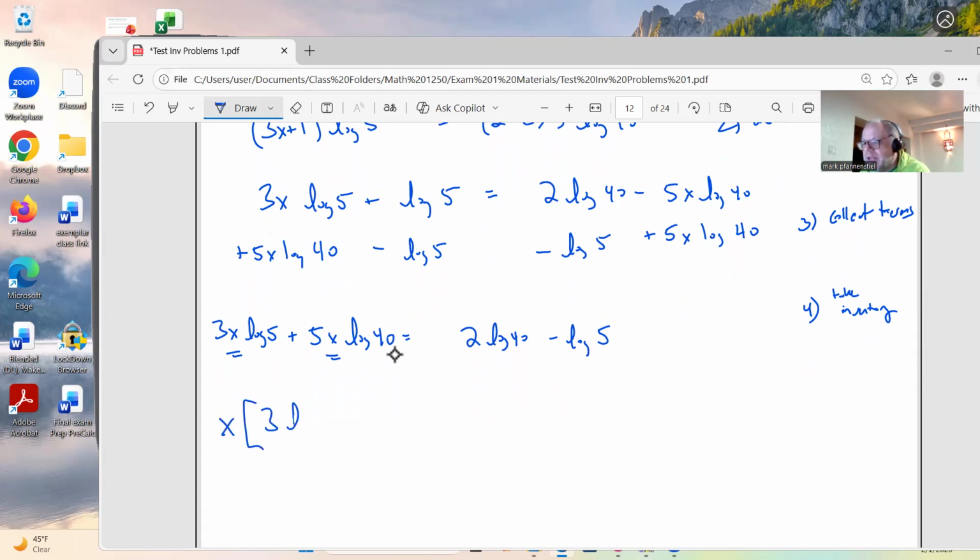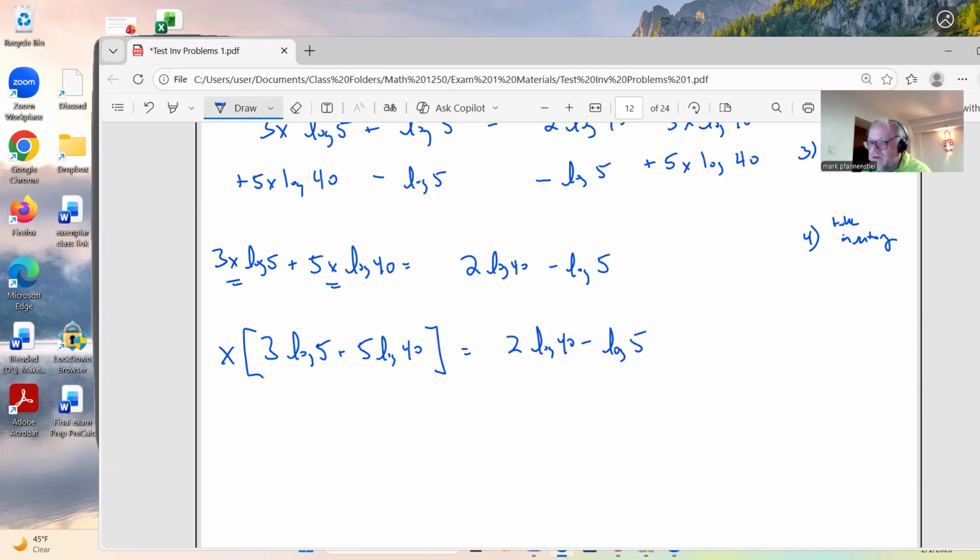All right, so we have x times (3 log 5 plus 5 log 40), and that is equal to 2 log 40 minus log 5. Now these are just numbers. They're not zero, but they are just numbers. We can divide by numbers.